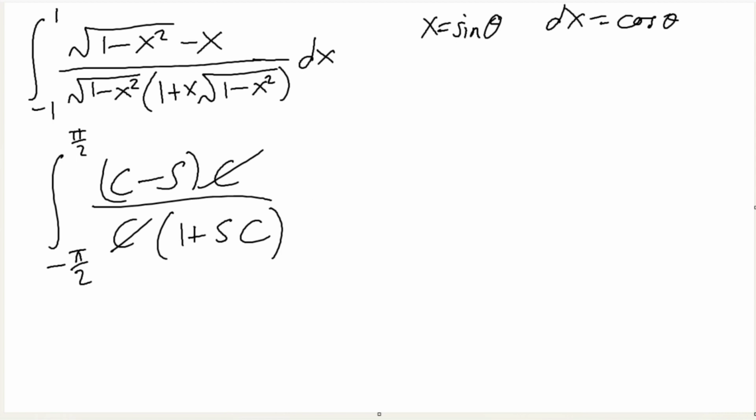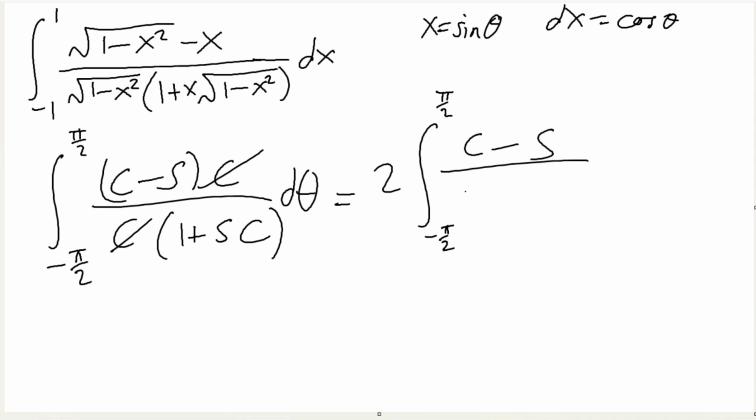Oh, do you remember this? I really hope you remember this. It's the 1 plus sine 2x trick. So, 2, negative pi over 2, pi over 2. We plug in 2 here.